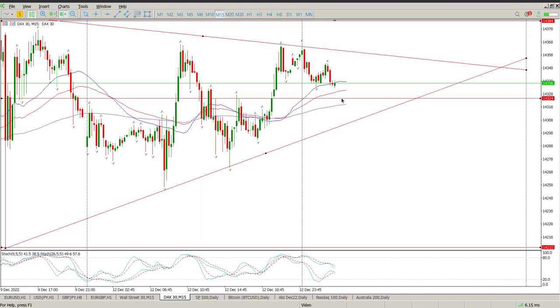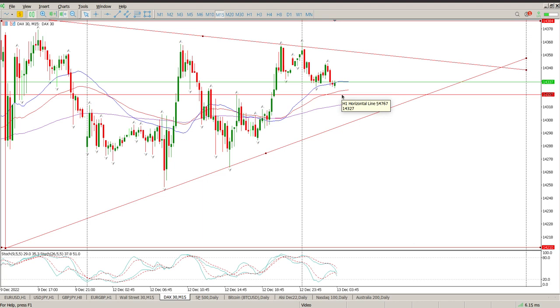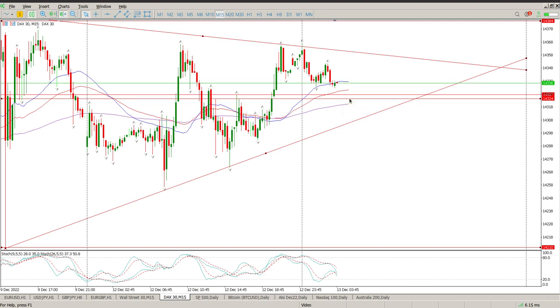If we do that, so let's just argue this point, 14,327, and then just put the gap level in as well. So let's argue that we come down to this 14,325.24 area here. We get a pin bar, inside bar, an engulfing bar, or even a piercing bar.